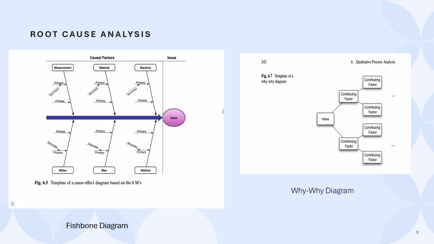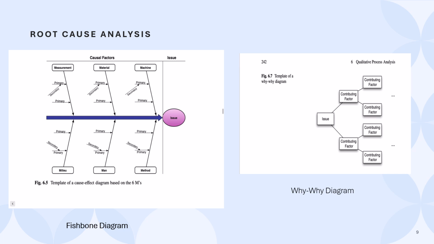For example, if a customer didn't receive their invoice, we might ask why it wasn't sent, why the system didn't trigger it, why the status wasn't updated, why the team didn't check anything, and why there's no ownership defined. So, that last why gives us the actual root cause, a lack of process ownership.